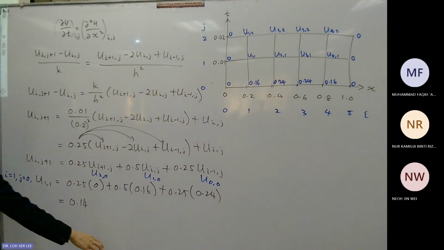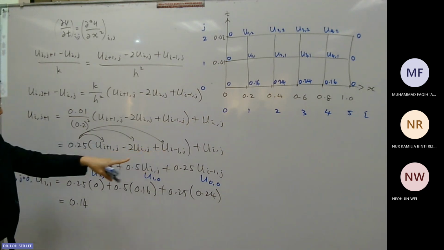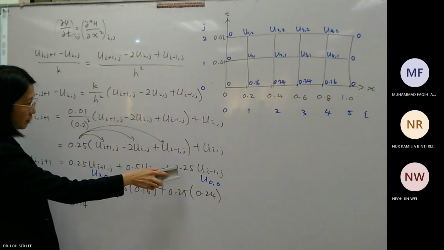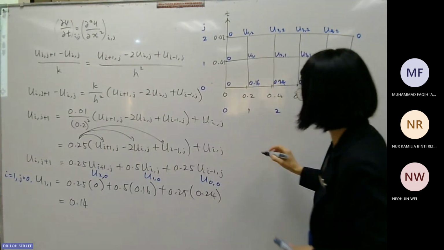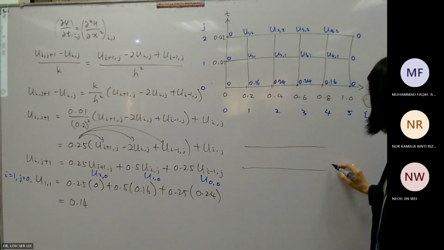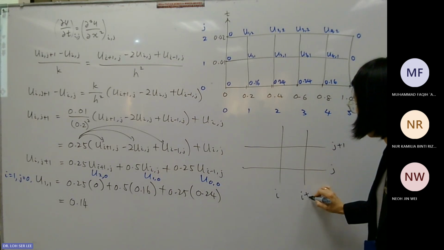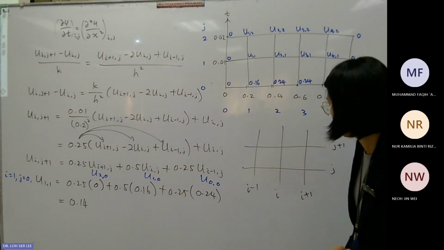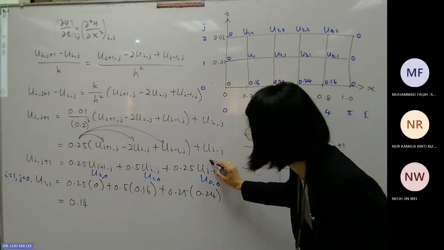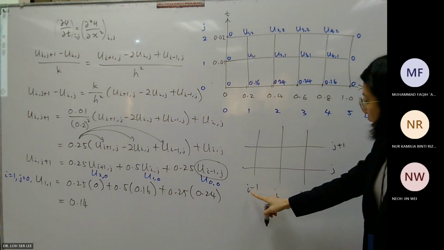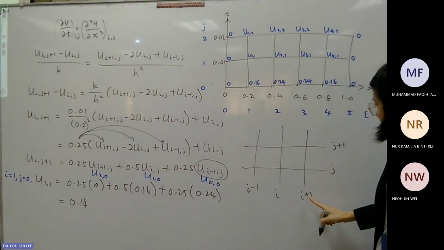Oh, this one, just now we forgot to put the i minus 1 in front. Remember the sketch just now? j plus 1, i plus 1, i minus 1. So we have to choose this one first, then Uij, then this one should be the last.